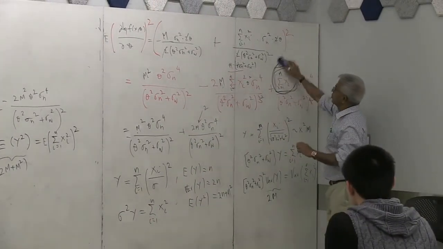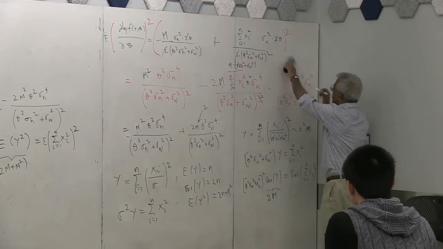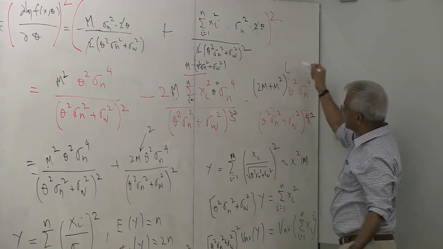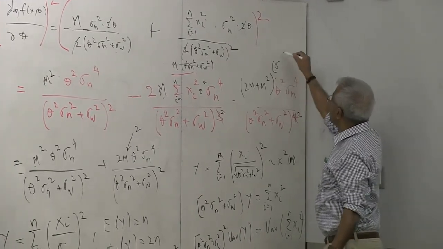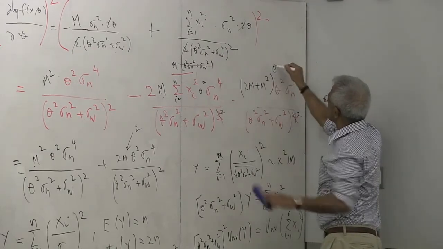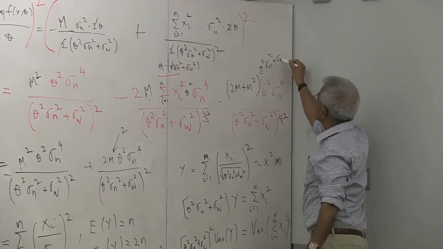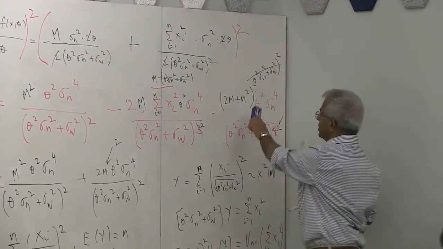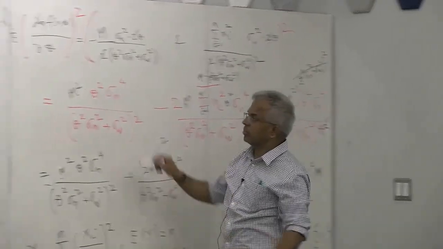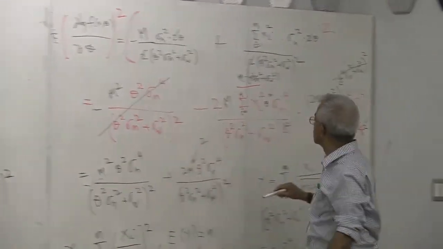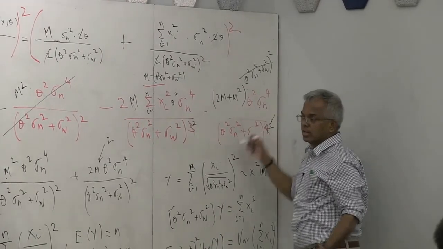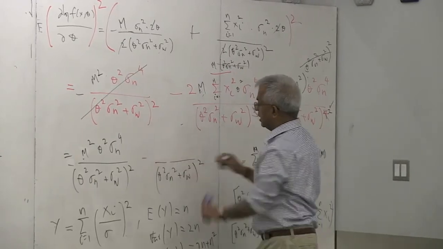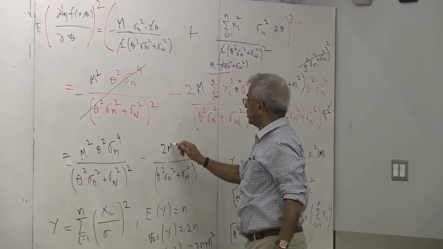So this quantity I'm going to replace by 2m plus m squared multiplied by sigma 4. Sigma 4 is sigma theta squared, sigma n squared plus sigma w squared, the whole squared. So this cancels with this, squared is here. Now look here, m squared, there was a minus sign. So this term cancels with this m squared. So this is where I went wrong. The answer here is 2m.